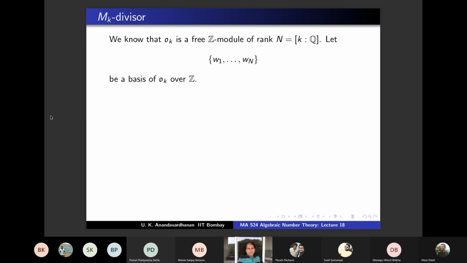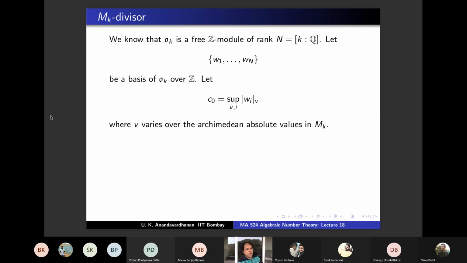So you choose a basis w1, etc., wn of this free module O_K. And let us take the supremum of |wi|_v for the absolute value v as i varies from 1 to n and as v varies over all the Archimedean absolute values. So it's a finite set, you are taking the maximum. There are only finitely many Archimedean absolute values.